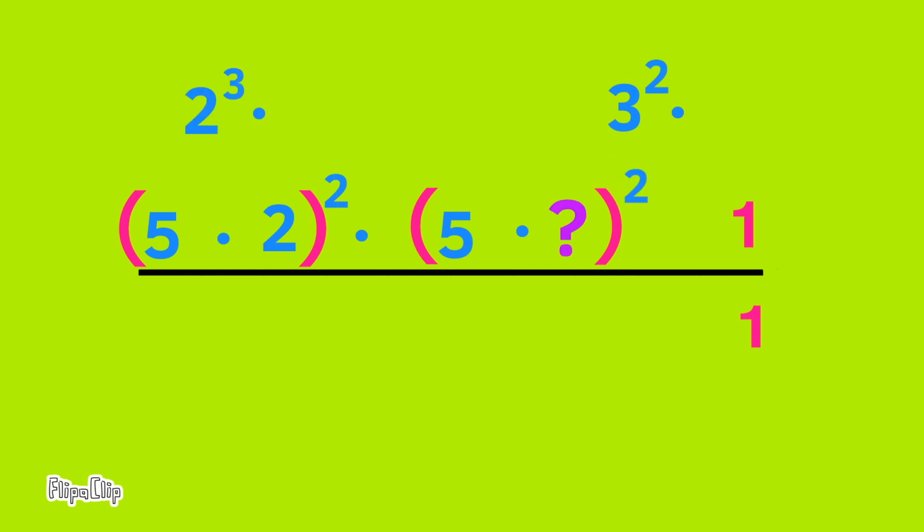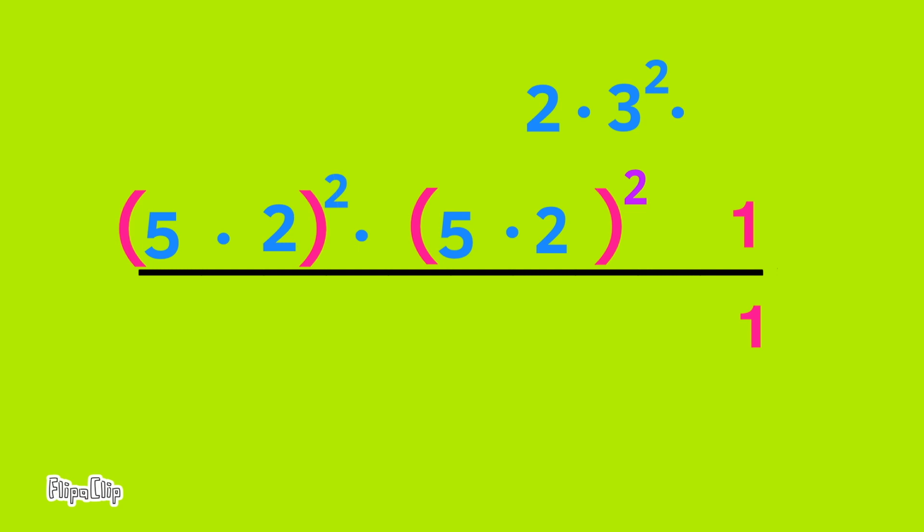Let's look again. 2 to the power of 3 becomes 2 to the power of 2 times 2 to the power of 1. And I take the 2 to the power of 2 and I insert it into the parentheses. Now we have 5 times 2 all to the power of 2.